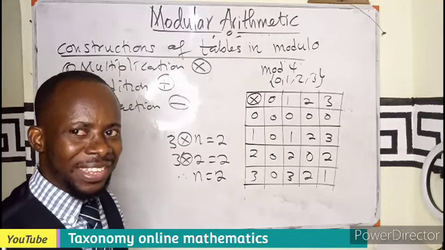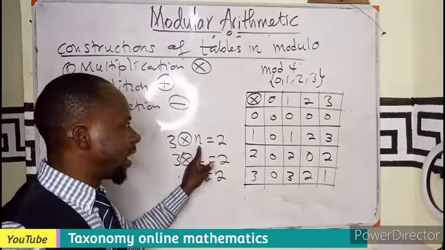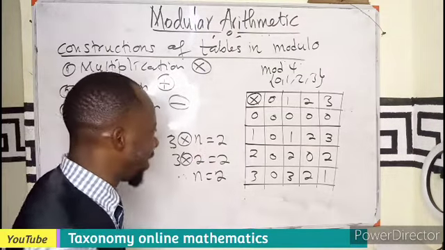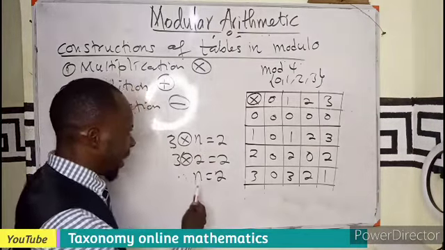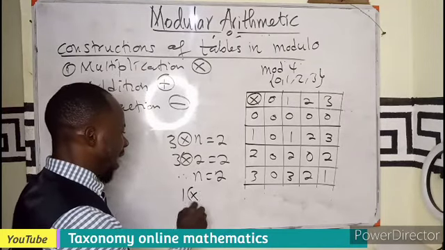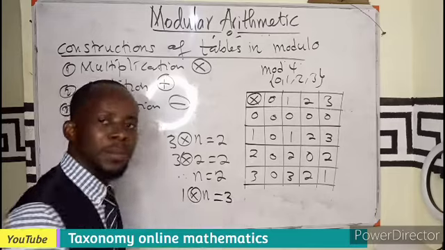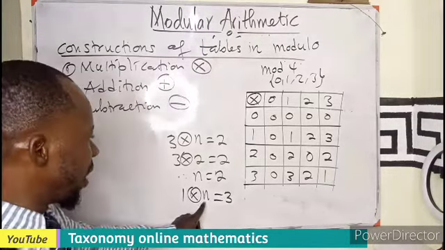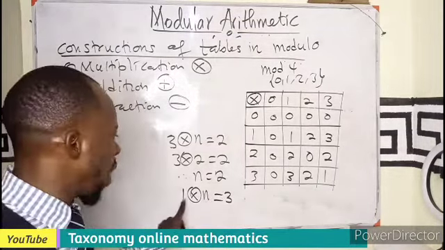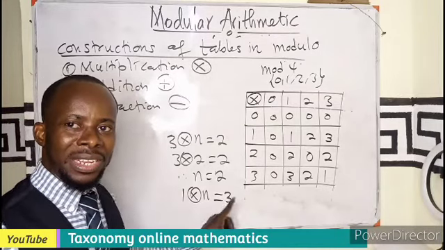So easy, right? You are only looking for the n. Let me take it this way. Let's say I have 1 times n gives me 3. We are looking for a number that is operated on 1 to give us 3.